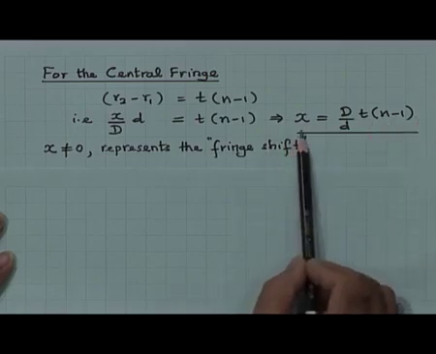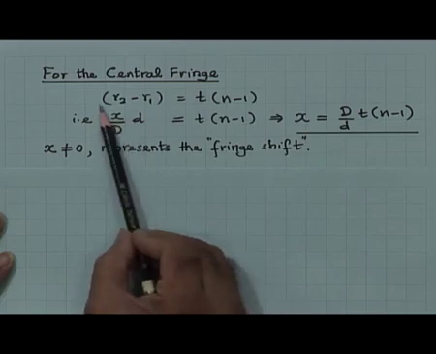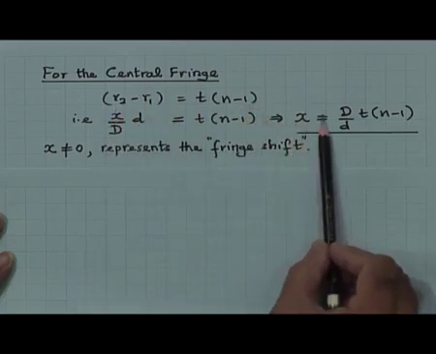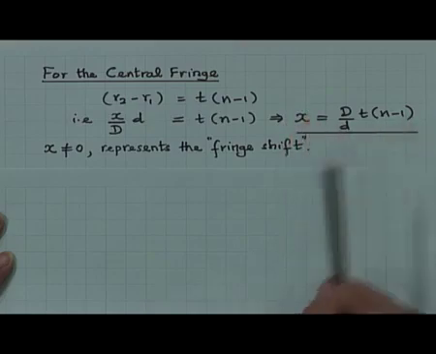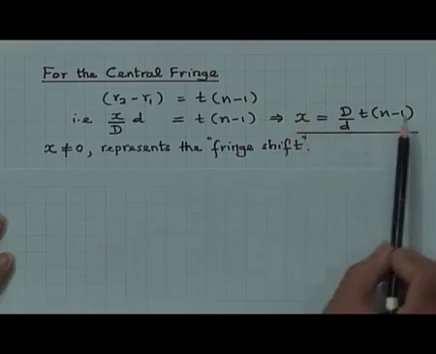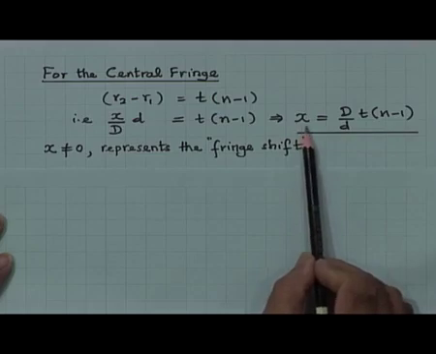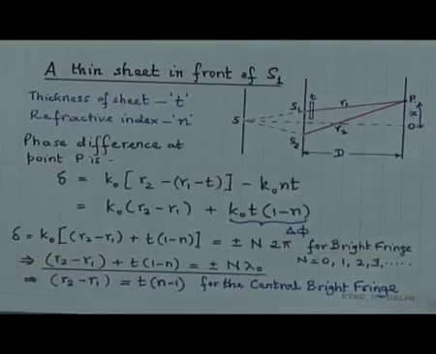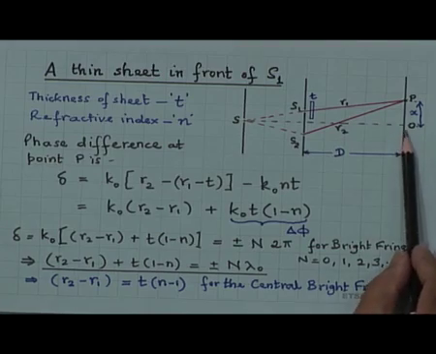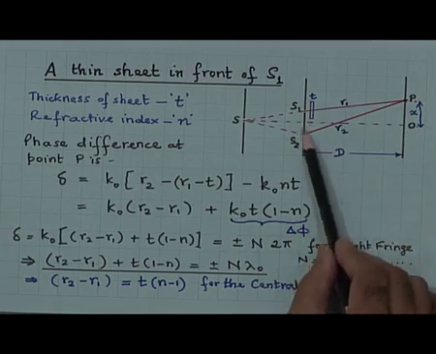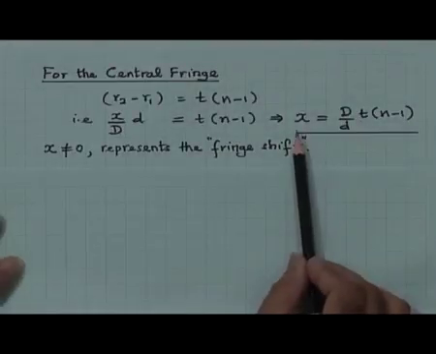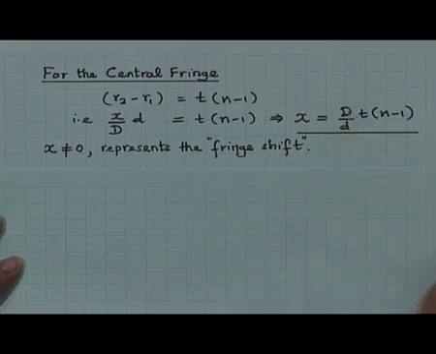So, this x is the position, because this is the condition for the central fringe, and therefore, this x is the position where the central fringe will appear. If the sheet were not there, x would have been 0 and the central fringe would have appeared at the point O here. But because of the introduction of the sheet, the central fringe would now appear at a point such that x is equal to D by d into t times n minus 1.